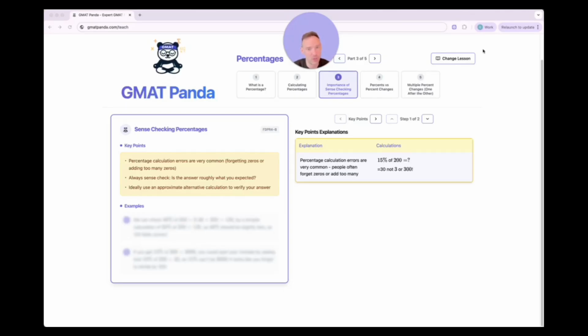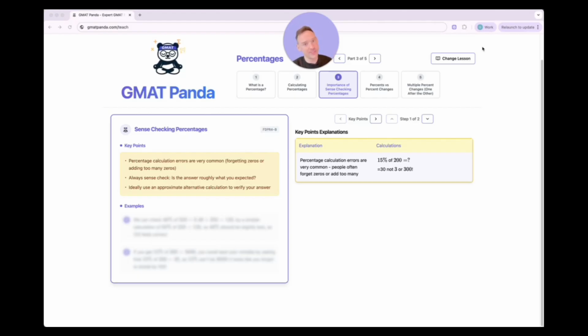So what I strongly recommend is to double check all percentage calculations if you have the time. Now, how do we double check them? Well, there are two key words here. One is to use an alternative calculation. You want to avoid doing the same calculation a second time, because if you made a mistake the first time, there's a good chance you'll make the same mistake again.